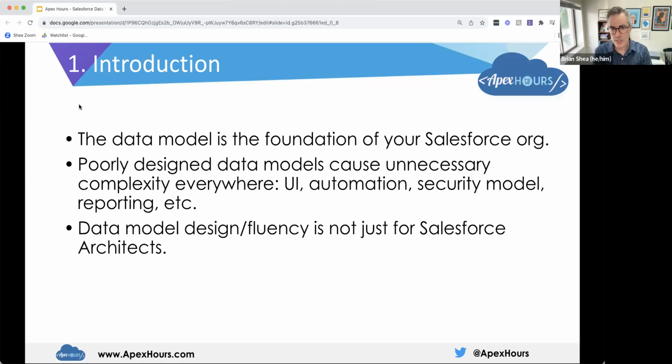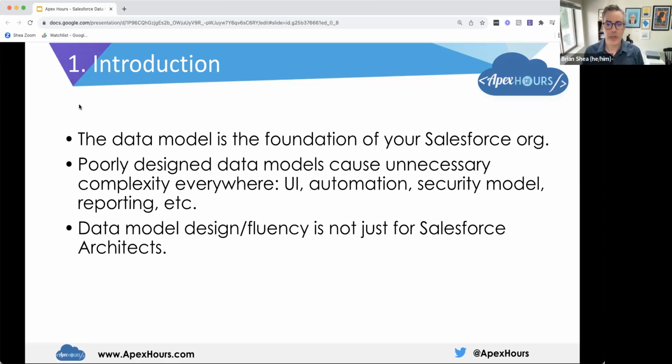You're going to have a much easier time building simple, effective automations, a good UI, a simple security model, all the things we want in a well-architected system. What I like to say is poor data models cause unnecessary complexity everywhere: in the UI, in automation, in the security model, in reporting. It's a root cause that manifests itself all over the org.